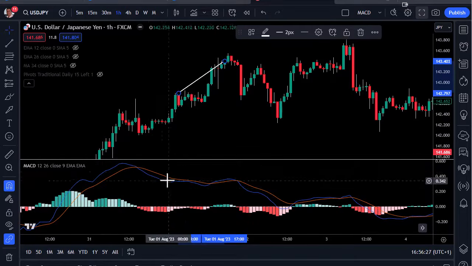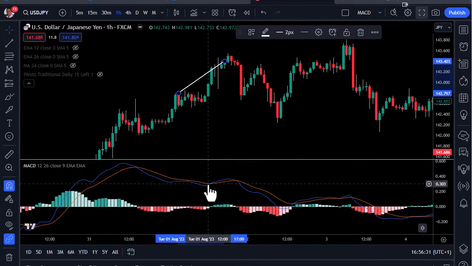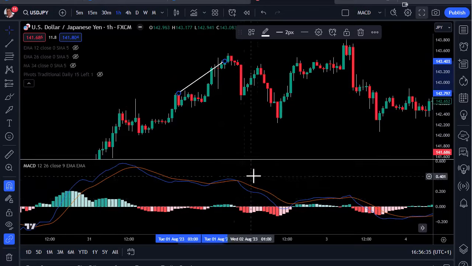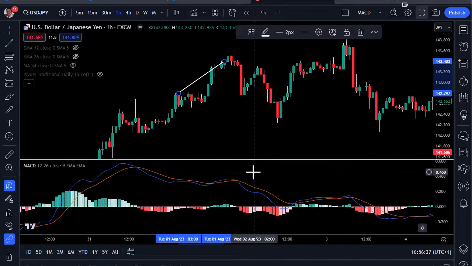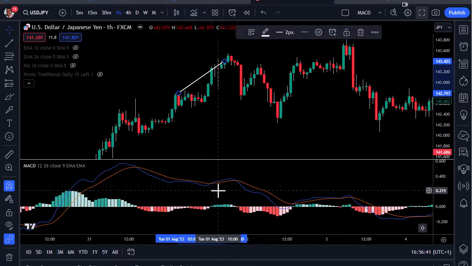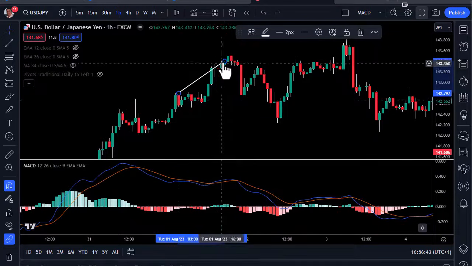The signal line has dropped below, looking soft and weak here, and it's running lower, whilst price is still going up. Now, if you were using an RSI, it would be exactly the same principles. The strength of the market would be coming down, which is what this is showing us, and the market is still moving up. So that gives us a clue that the market may be weakening and we could see a correction.